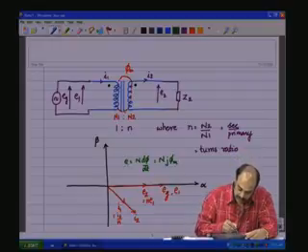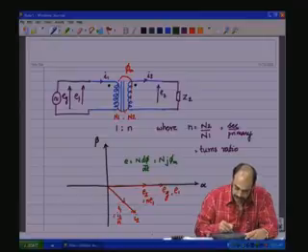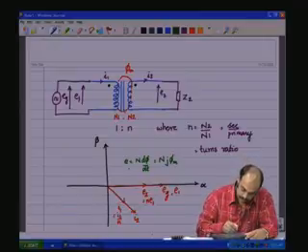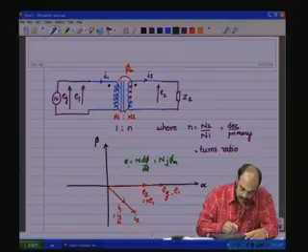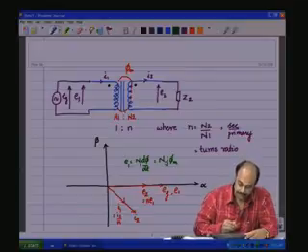Now, the induced EMF E is in this direction, this is the E1 direction, that is, if you are taking the induced EMF across the primary, E1 is N1 j phi m.